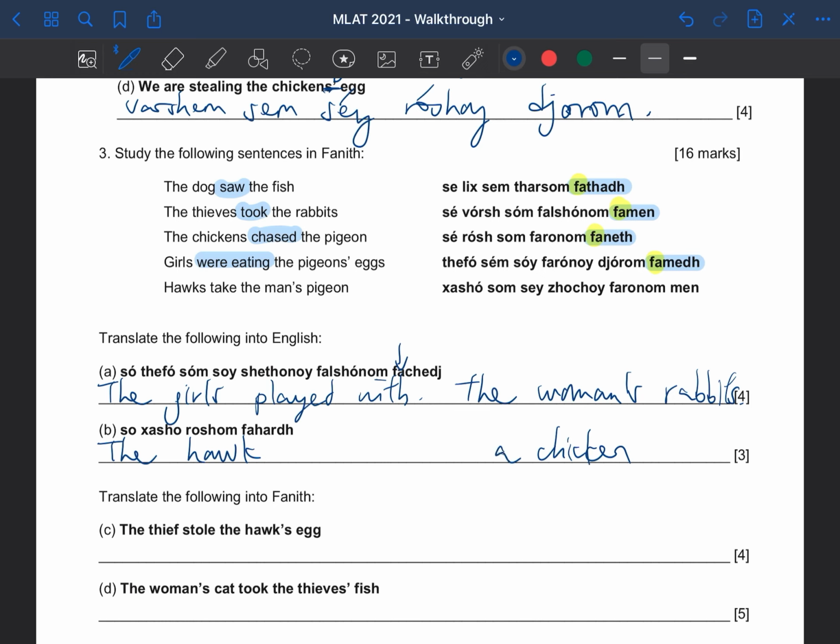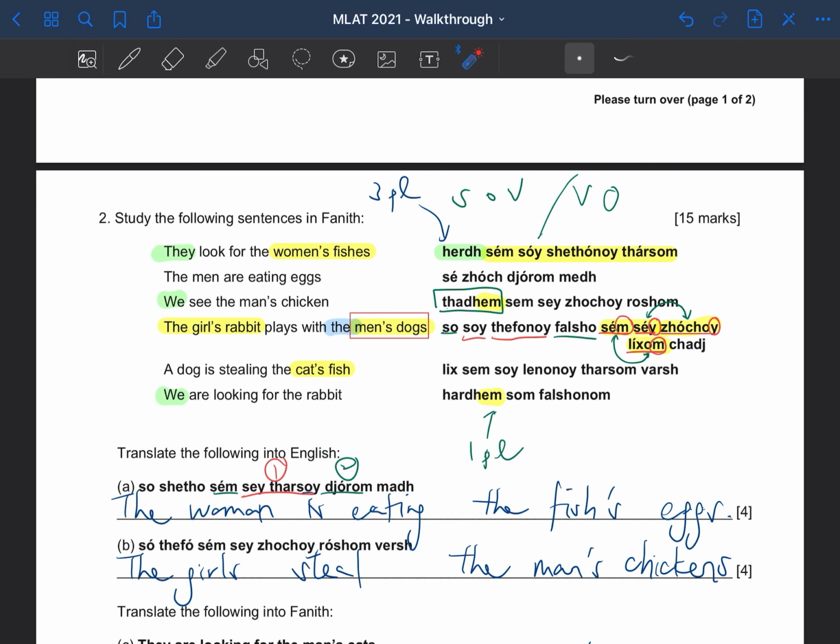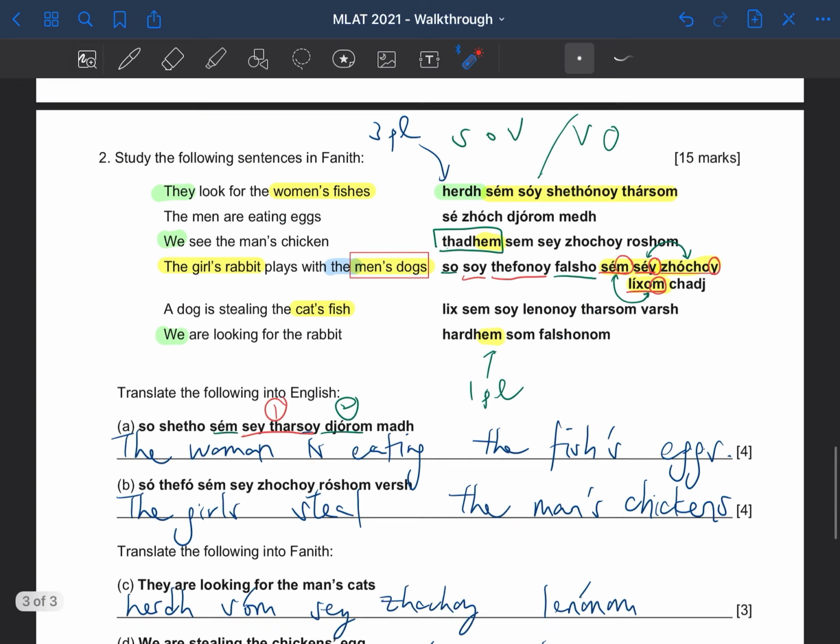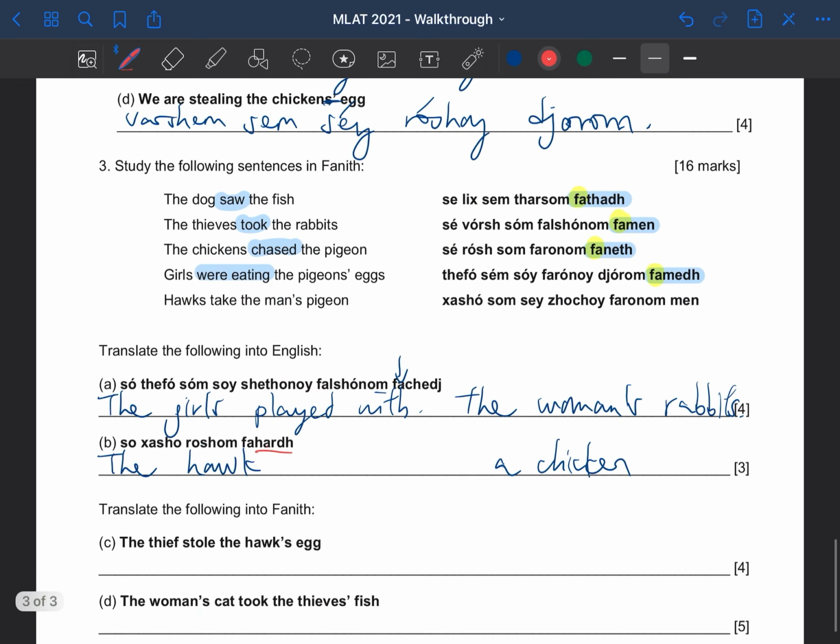And then fahar, we have fa as the past tense marker, so har is what we need to look for, but we don't have har here. So move back up, we have har here, and so har would be looked for if it's fahar. The hawk looked for a chicken.